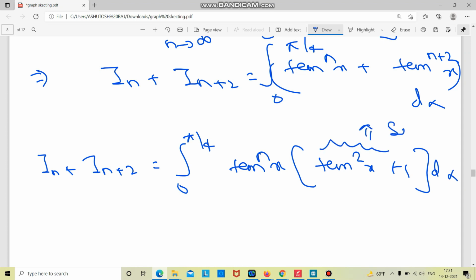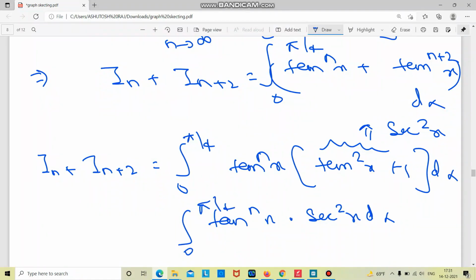Tan squared x plus 1 is sec squared x, by the property sec squared x minus tan squared x equal to 1. So we get tan to the power n x into sec squared x dx from 0 to pi by 4. This is I(n+2).